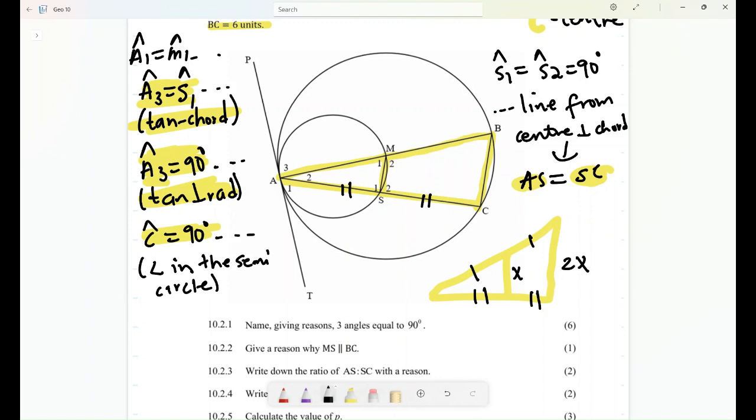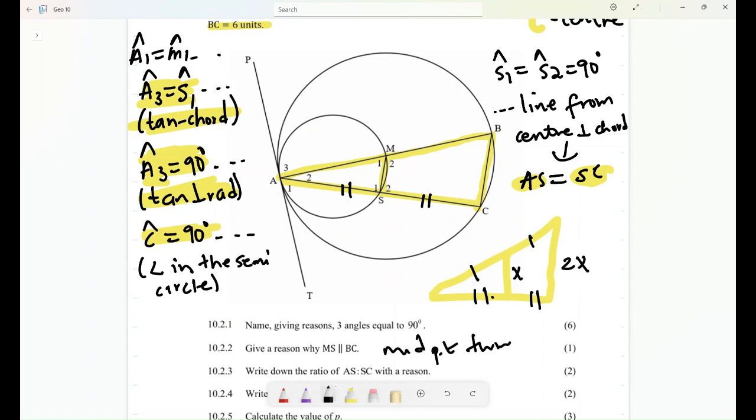You still remember the midpoint theorem? It says if these two angles are equal and these ones are also equal, then this length here is half of that length.